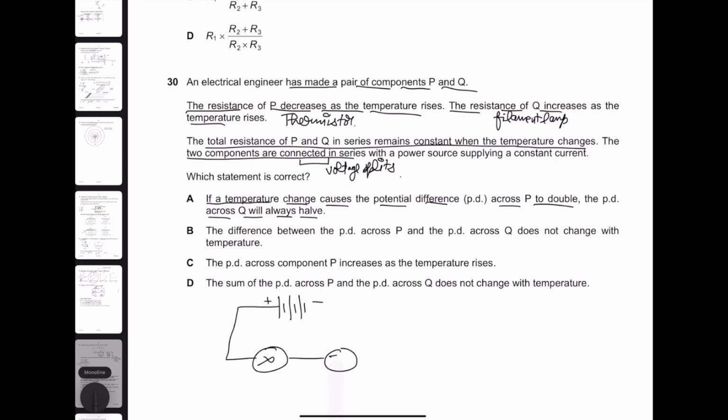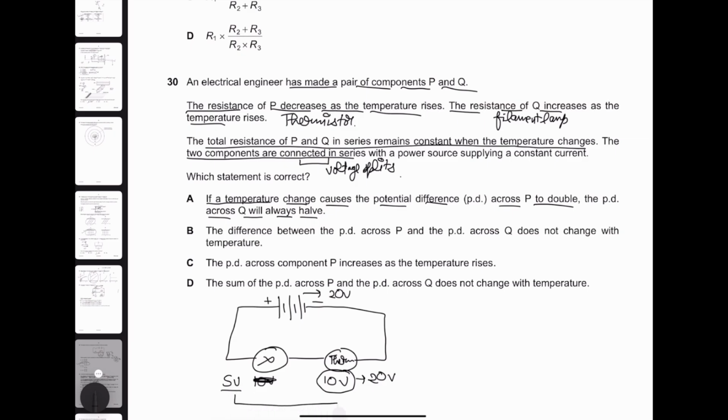Assume this is a thermistor. This is not the shape for it, but you get the idea. Now let's say the potential difference was 10 here and 10 here, so the battery was providing 20 volts. Now what this statement is saying is that if the temperature change causes this voltage to become 20 volts, then this will always halve. This will always be 5.